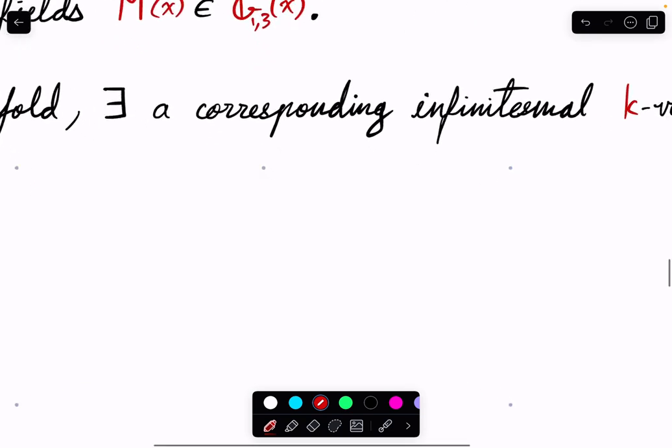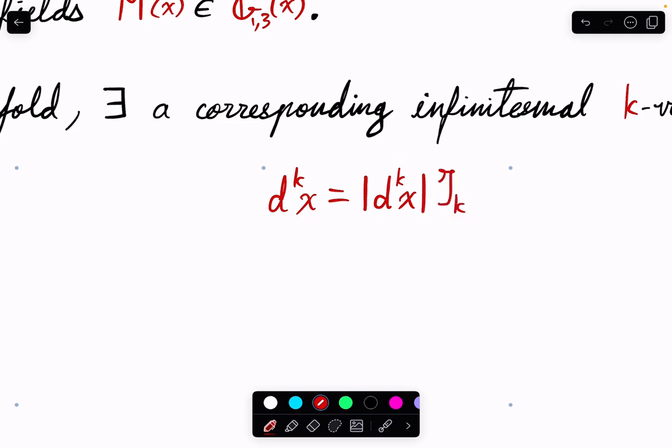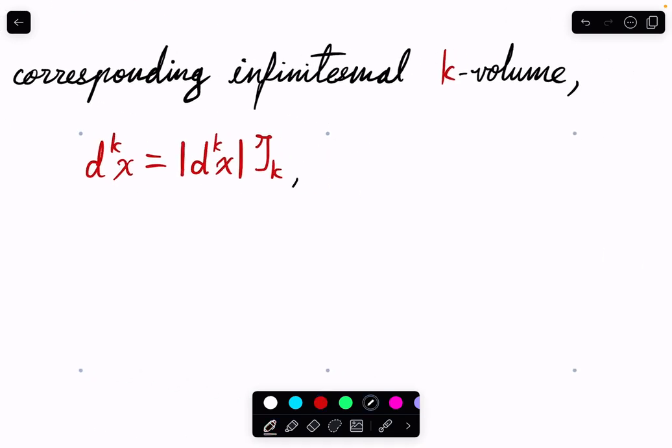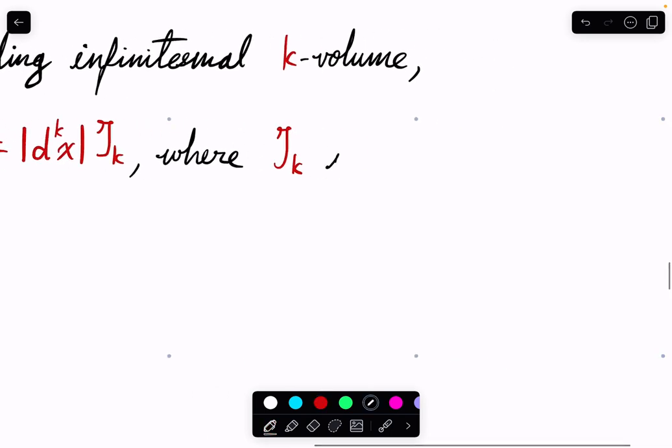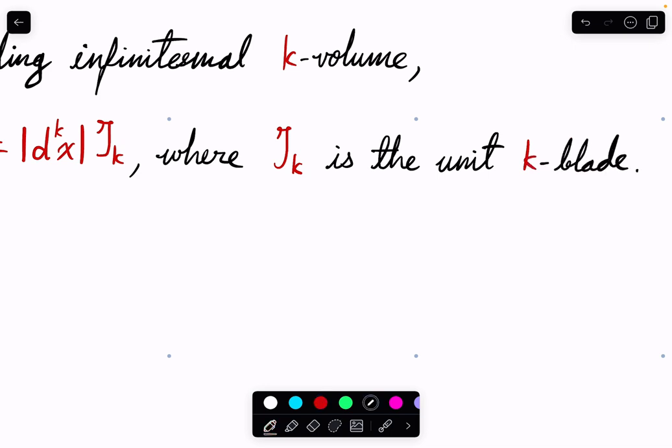And this is defined as dk of x is equal to the magnitude of dkx times ik, where this ik here is the unit k blade for that space.